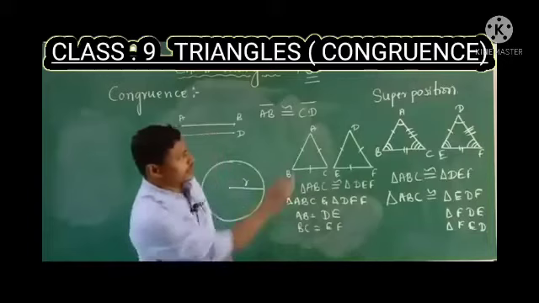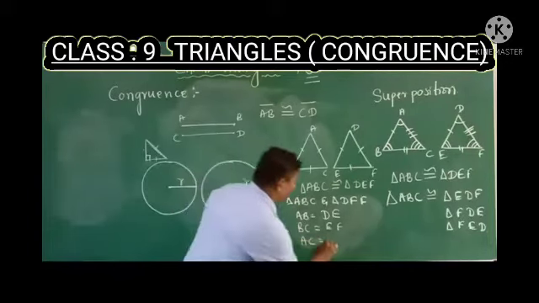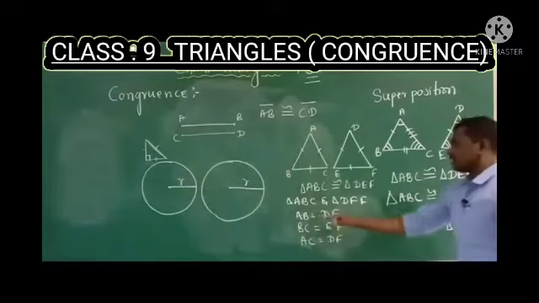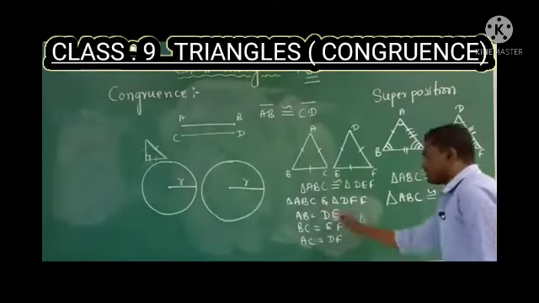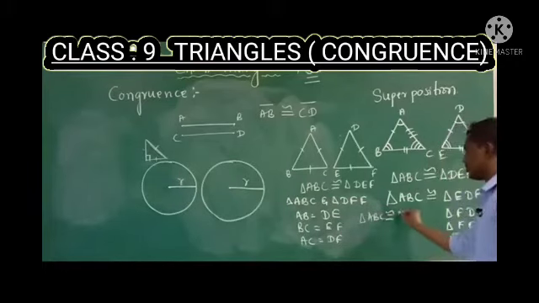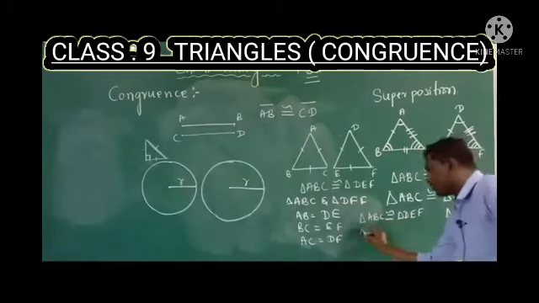Next, the third side of the first triangle, AC is equal to DF. So these are the three corresponding sides in the given two triangles. So simply you can write these two triangles as triangle ABC is congruent to triangle DEF.